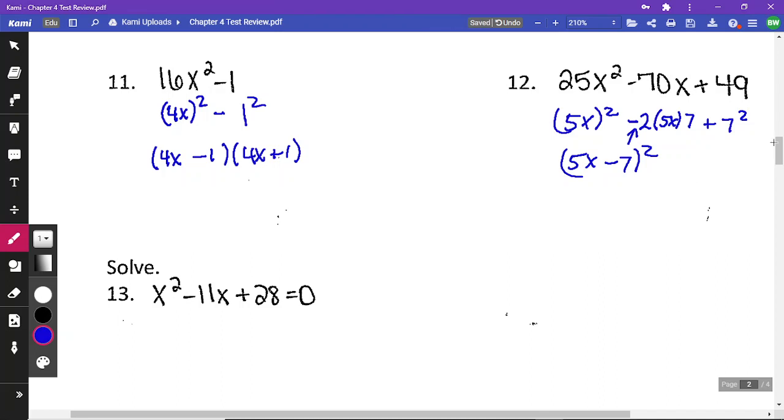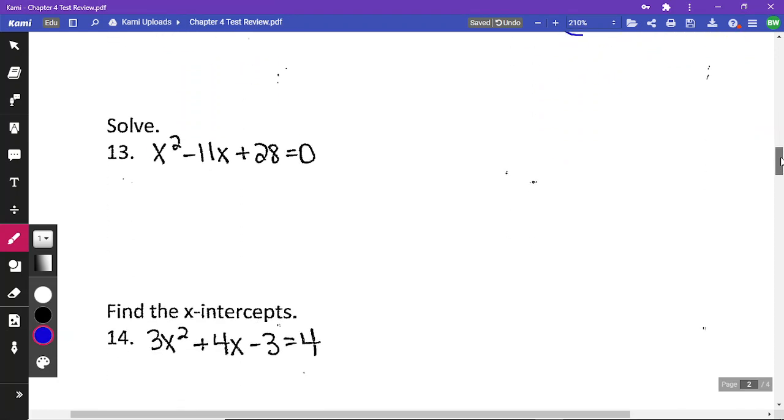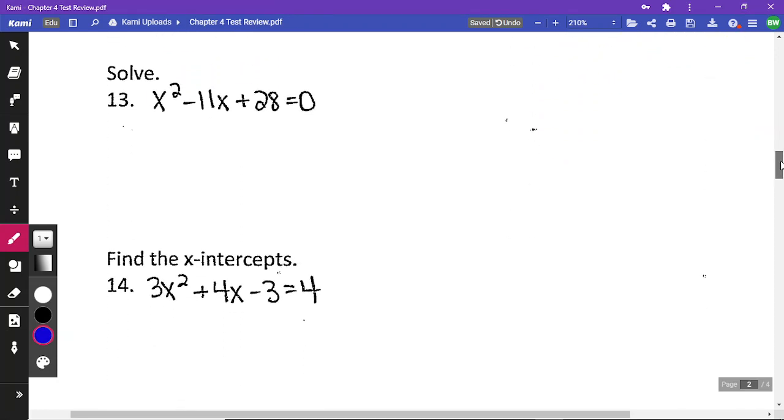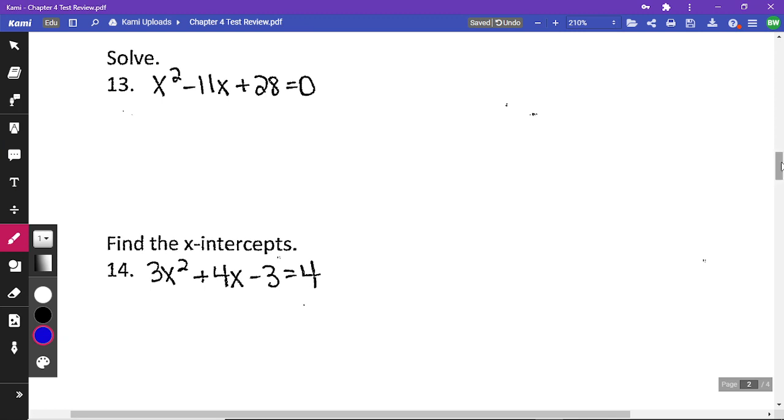And then the last one in the factoring section, we're told to solve this one. Oh, actually, number 14 is also factoring. So solving means you factor it, but this is an equation where the quadratic expression equals 0, and so we're going to solve it and find the x values that make that true.